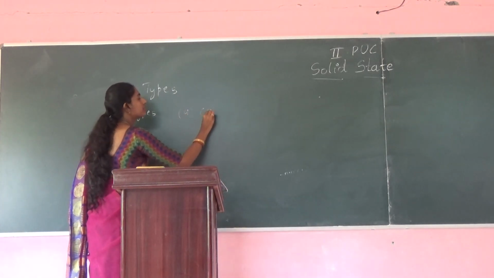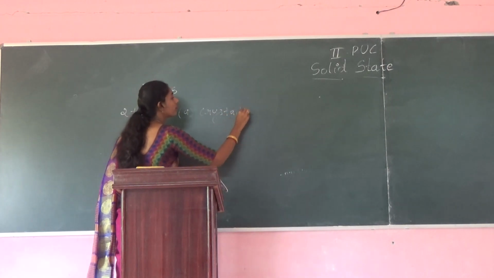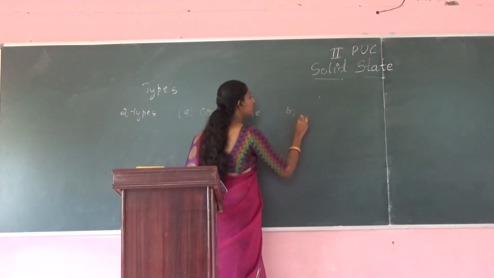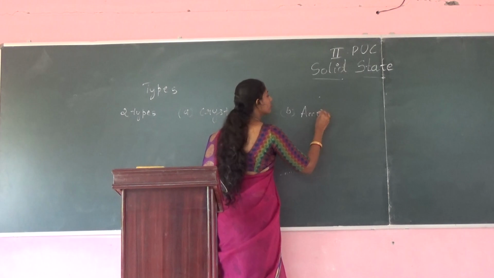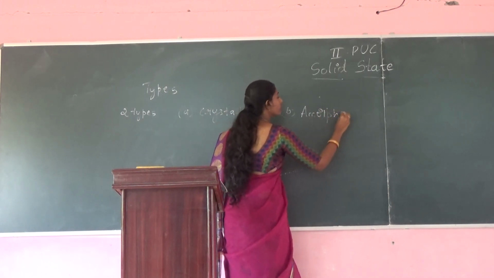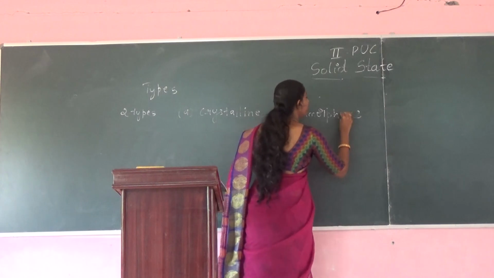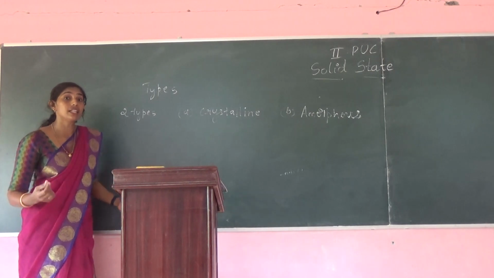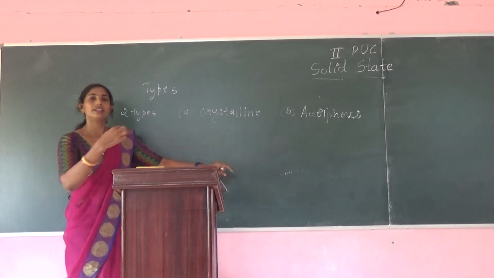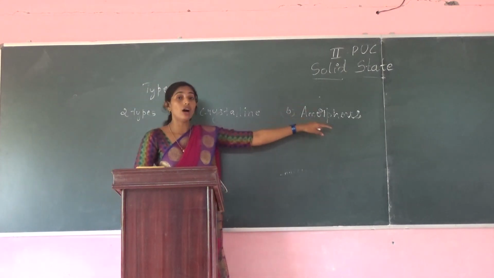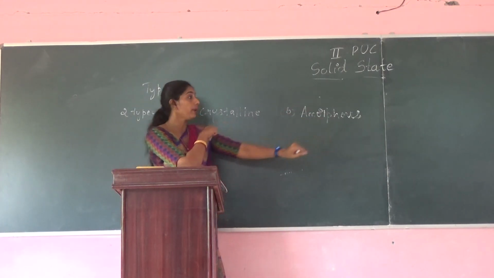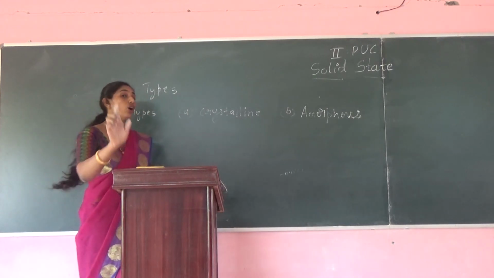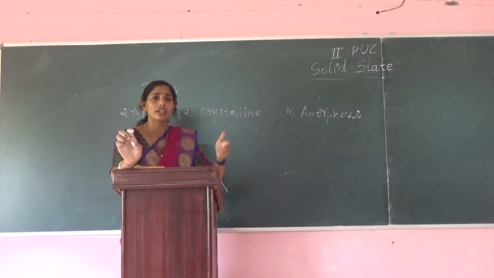First one is crystalline solid, and the second one is amorphous solid. As the name itself indicates, crystalline means a definite form, amorphous means no form.